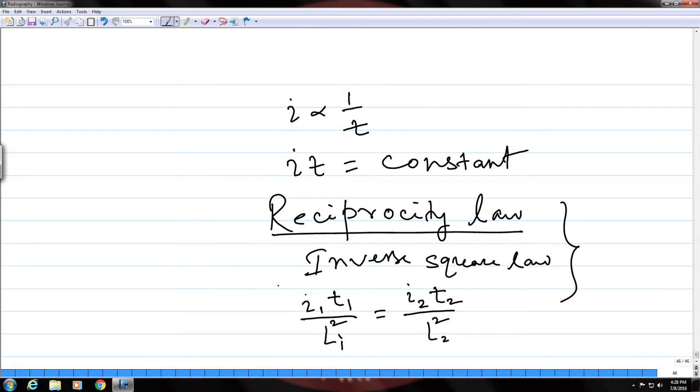Okay, and this will tell you as you vary the thickness or the distance L, how the time t should vary, or if you vary the current for a given distance, then also how the time of exposure should vary.